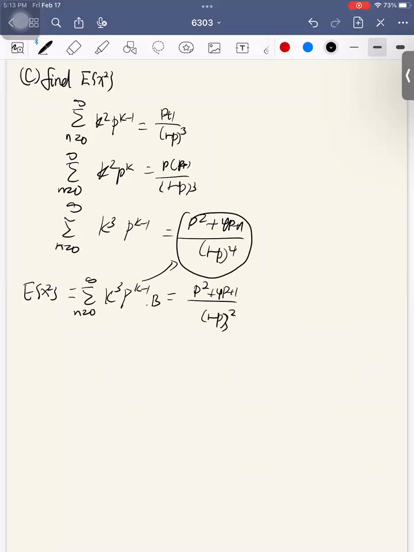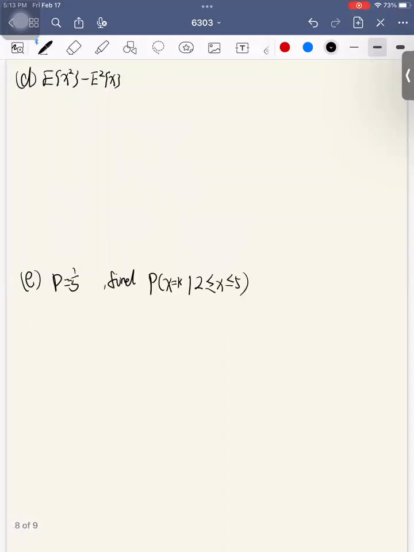And question D asks us to find the value of these two minus each other, so we know this is equal to, according to the last part.